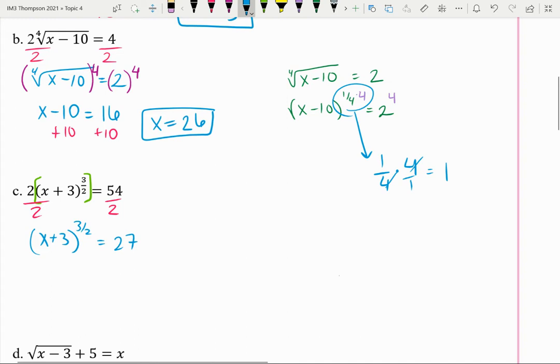So now we look at problem C. I have to the power of 3 halves. I need to raise the exponent to an exponent, and the exponent I need to pick is the reciprocal. So I have to raise both sides to the 2/3 power.